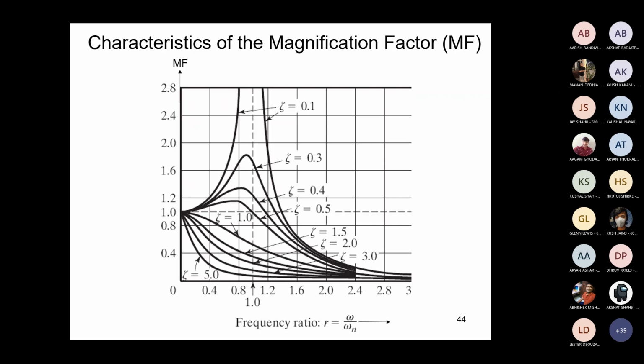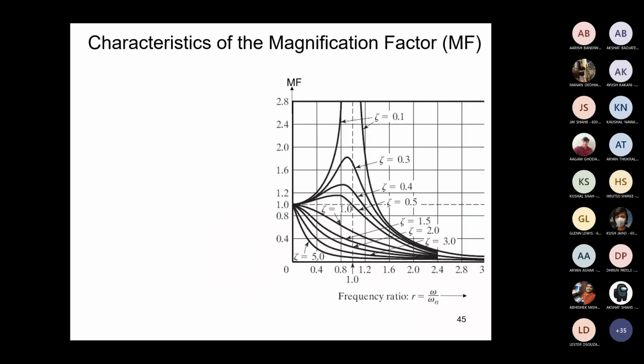So one by one we will see the characteristics of these curves. For an undamped system, that is when zeta is equal to 0, the magnification factor tends to infinity as r tends to 1.